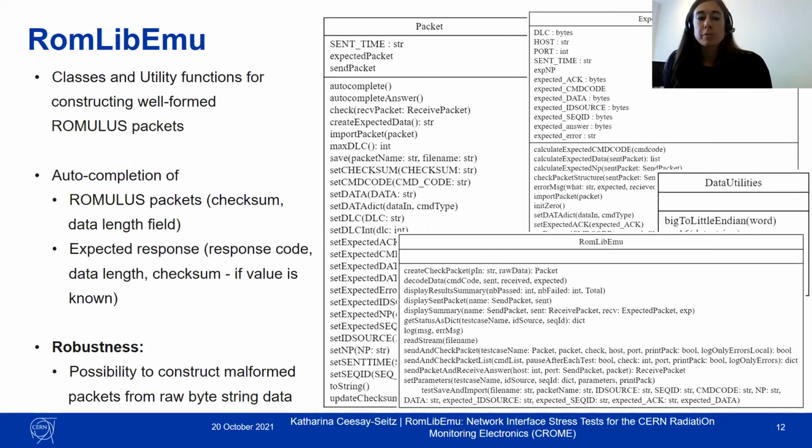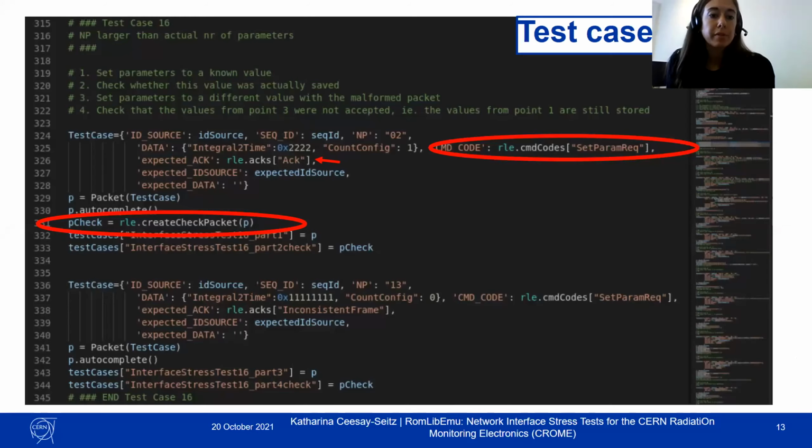Also, the expected response can in many cases be pre-calculated automatically. And in particular, to test robustness, it also allows us to craft raw packets that do not conform to the packet structure or to the application's parameter data types, send this kind of bad input, and then check the response from the device.